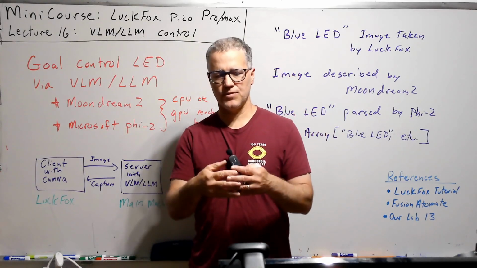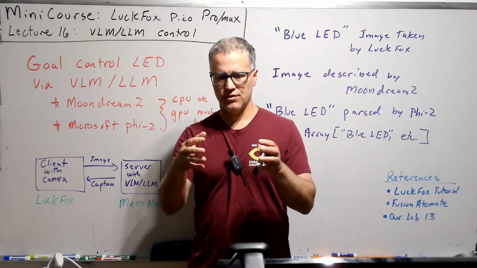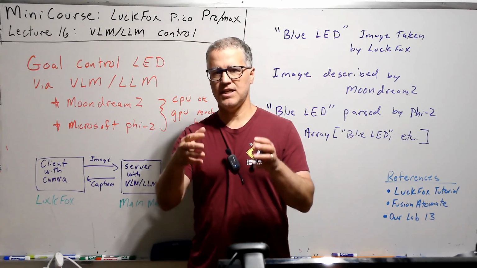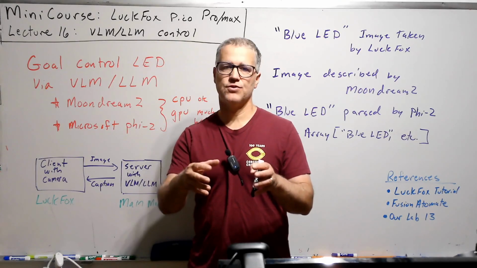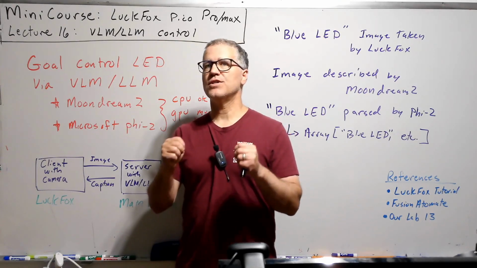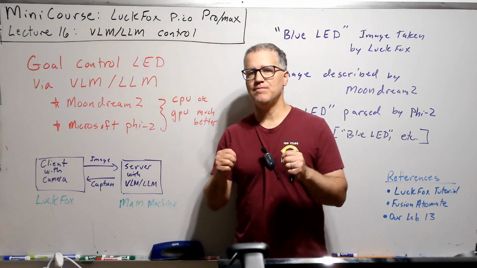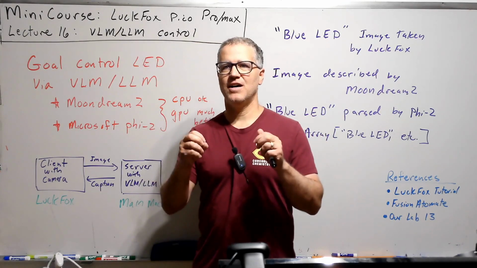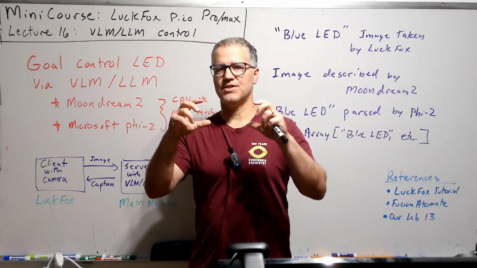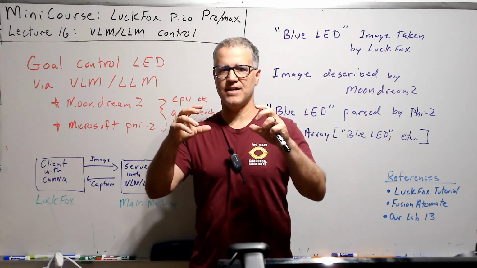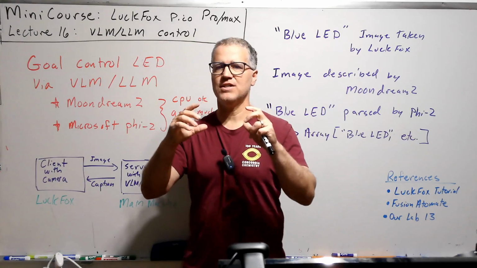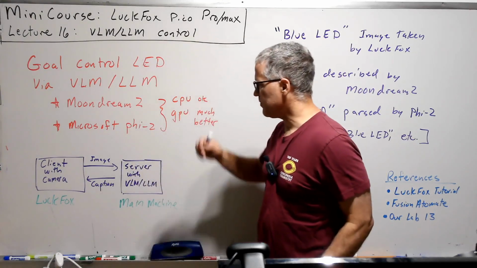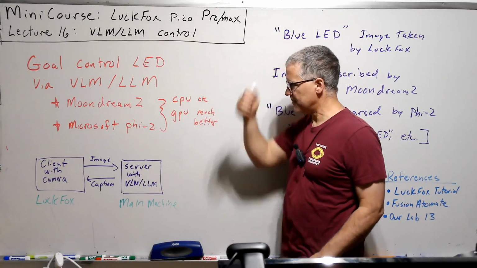So we're looking for the words red LED, yellow LED, green LED, blue LED. And we're utilizing the fact that MoonDream tends to always, if it's got some written out words, capture that and write it verbatim, or it seems to. I don't know if it always does, but that's been my experience, pretty robust in that regard.